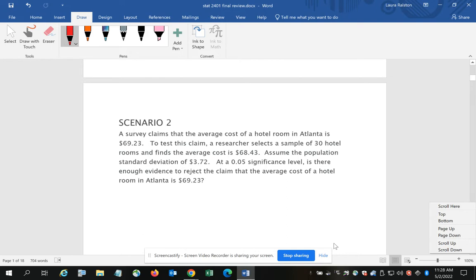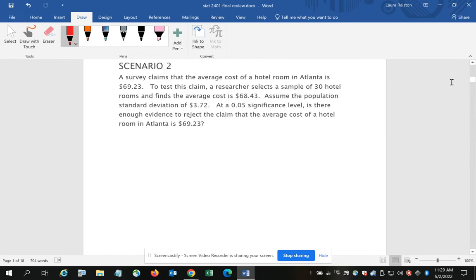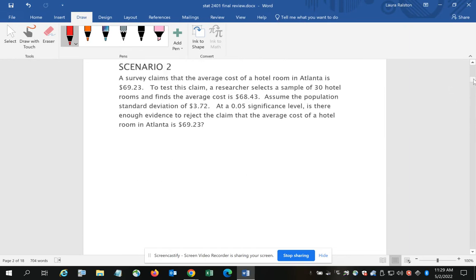And so a lot of it is in the reading of the problem and paying attention to some of the key words. So, for example, scenario 2 says a survey claims that the average cost of a hotel room in Atlanta is $69.23. To test the claim, a researcher selects a sample of 30 hotel rooms and finds the average cost is $68.43.